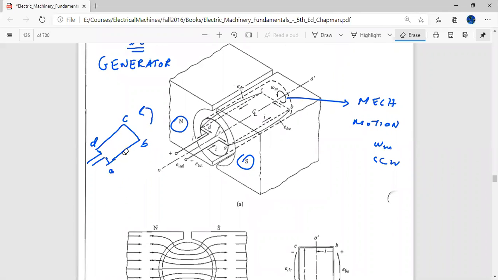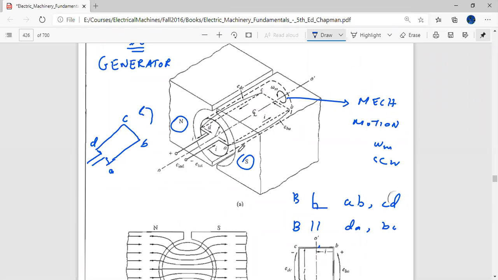Okay, so the field B will always be perpendicular to sides AB and CD, and B will always be parallel to sides DA and BC.